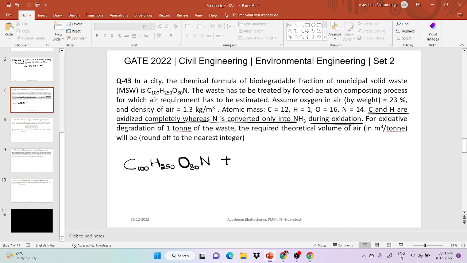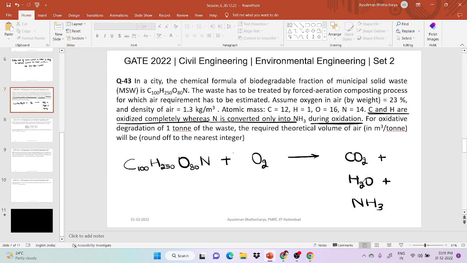So if you degrade it by oxidation in the presence of oxygen, it will produce CO2 plus H2O plus ammonia. I wrote ammonia because N is converted only to ammonia during the oxidation. Now we have to balance this.